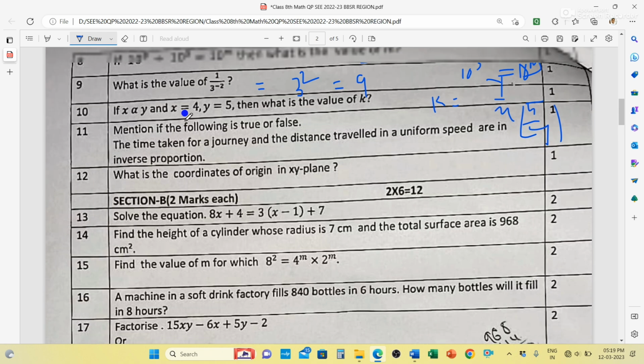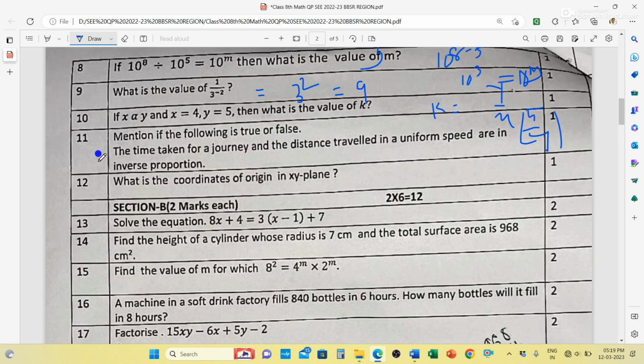Mention if the following is true or false. Question number 11. The time taken for a journey and the distance traveled in a uniform speed are in inverse proportion. If the distance is increased, then time taken will also increase. If the distance is less, the time taken will also be less. So these are not in inverse proportion.